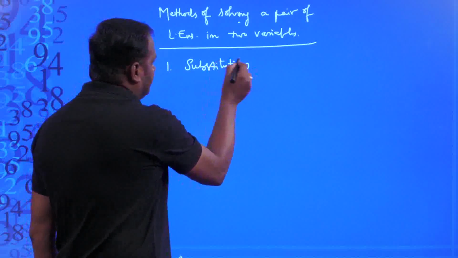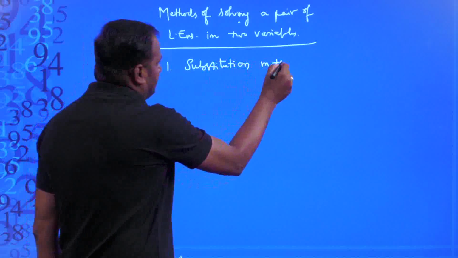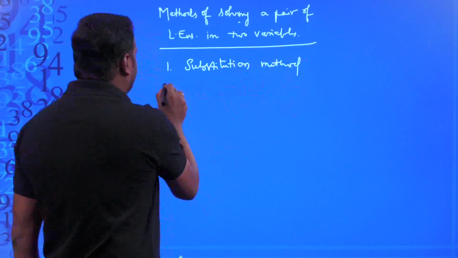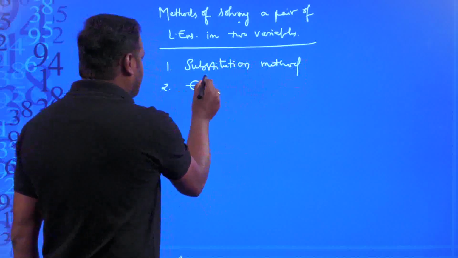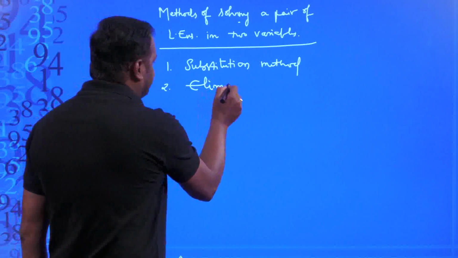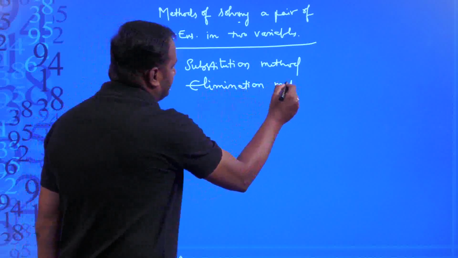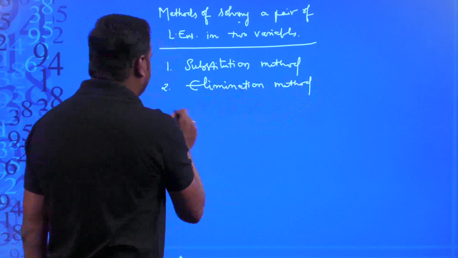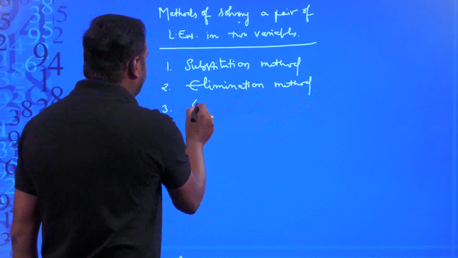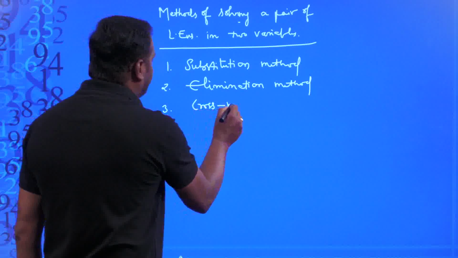What do you call that method? Substitution method. And the second method is called the elimination method. And the third method is said to be the cross multiplication method.